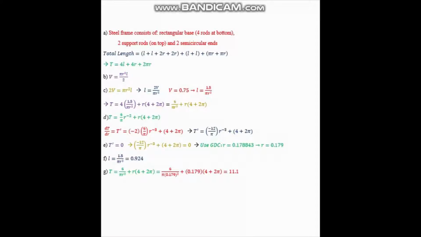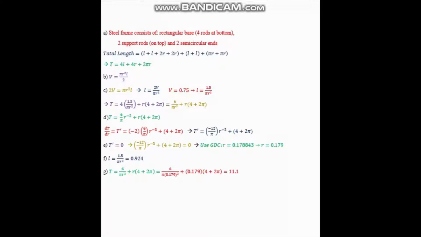And also, since I have R here and there, I can take this out as a common factor. So there is my R, and what remains is 4 plus 2 pi. So I've just taken out an R from these last two terms, and I've factorized, obtaining this expression right there, R times 4 plus 2 pi.